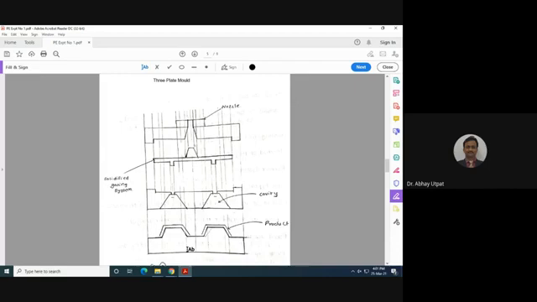So we are studying experiment number 1. The title is Study of Fundamentals of Mold Design. In Fundamentals of Mold Design, we have studied the importance of mold in injection molding, then different parameters such as cavities, material, gates, runners.